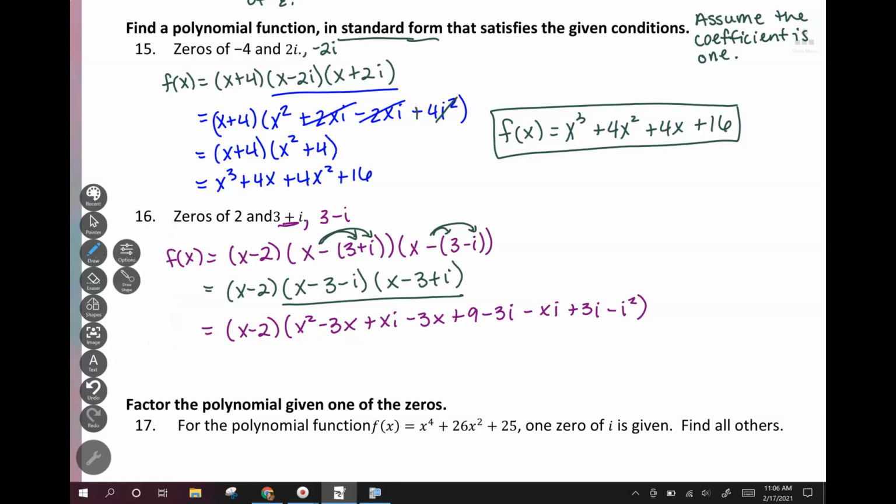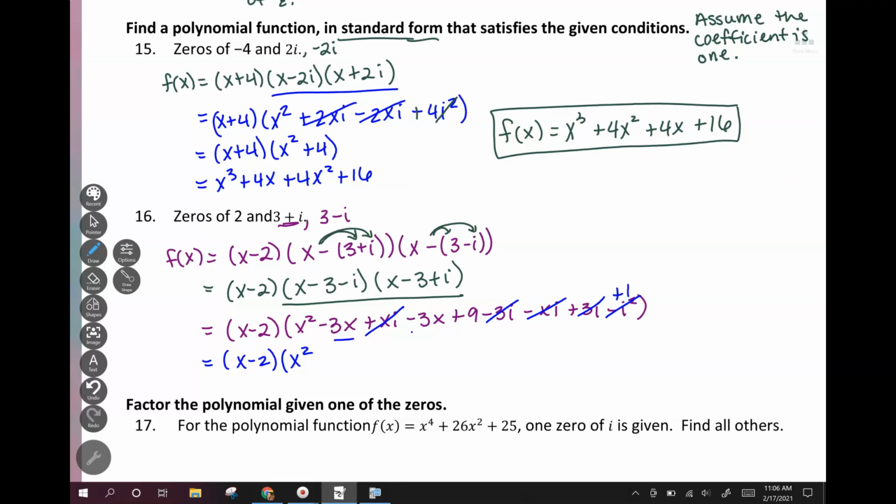So I've got x minus 2 still here at the front. Still got x squared. Now I've got xi minus xi, which cancels. -3i plus 3i cancels. My negative i squared, that's -1, which becomes +1.